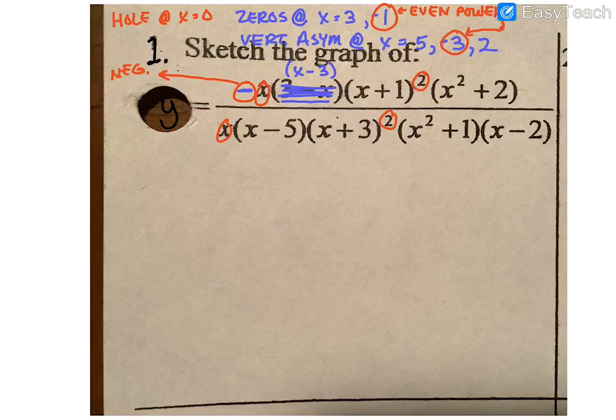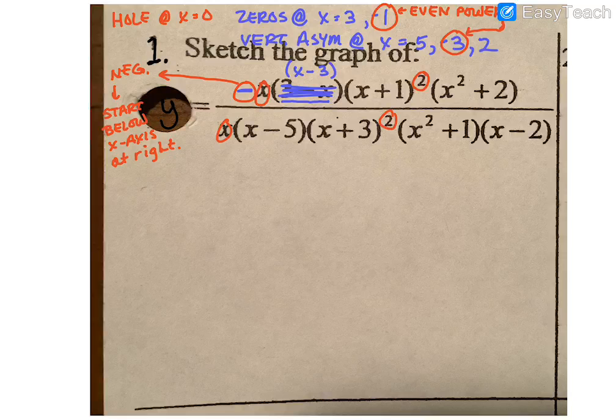And when it's a negative fraction, remember when we start at the right, we will start below the x-axis at the right. Okay, so I think that's all the information I have for you. I think I'm ready to set up my graph.